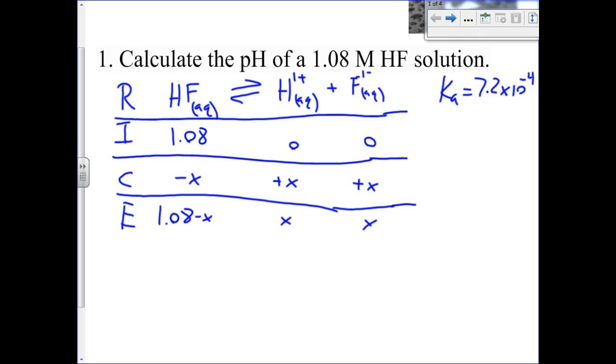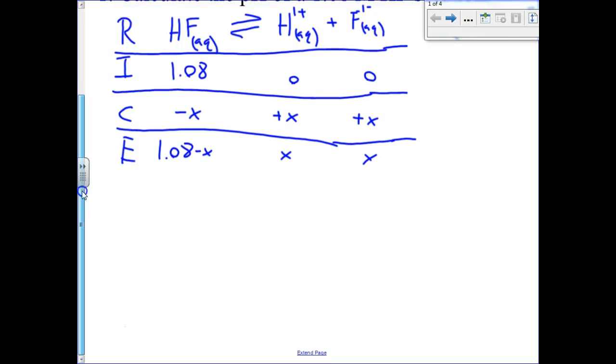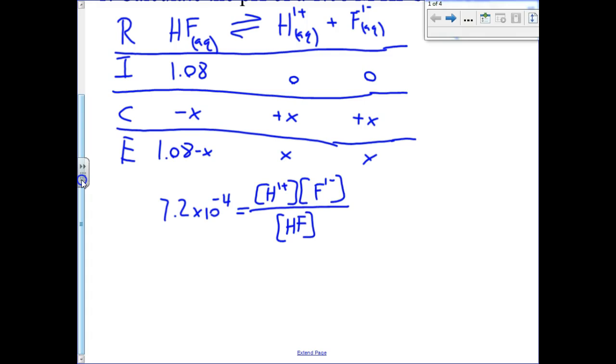We have to use that and set up an equilibrium expression with the pieces from our ice table now. So we're going to take 7.2 times 10 to the negative 4th equal to products over reactants. I'll show just the normal Ka: H plus, F minus, and HF.